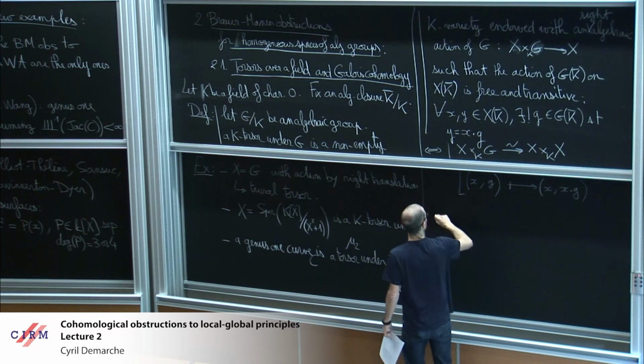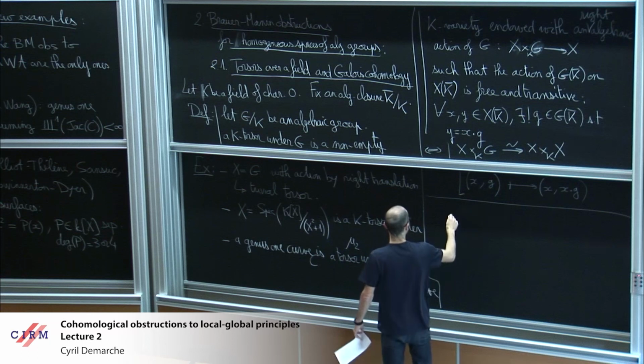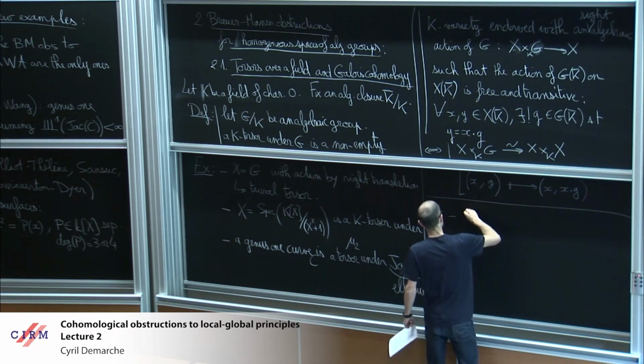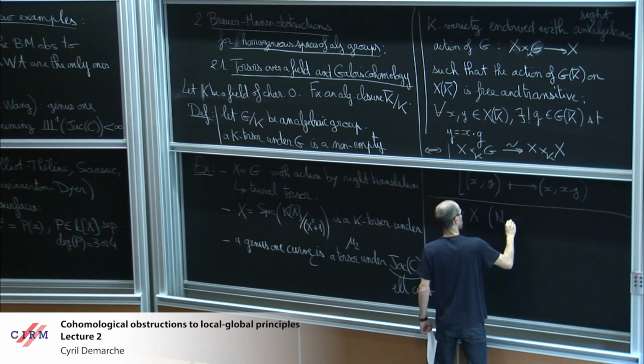And to come back to yesterday's example, we considered affine varieties defined by norm equations.